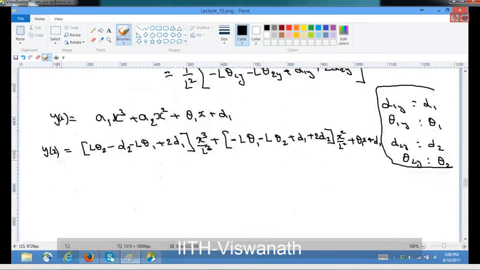Even though it is in this polynomial form, I want to rewrite this y of x by rearranging the terms in such a manner that it is equal to something times d1 plus something times theta 1 plus something times d2 plus something times theta 2.